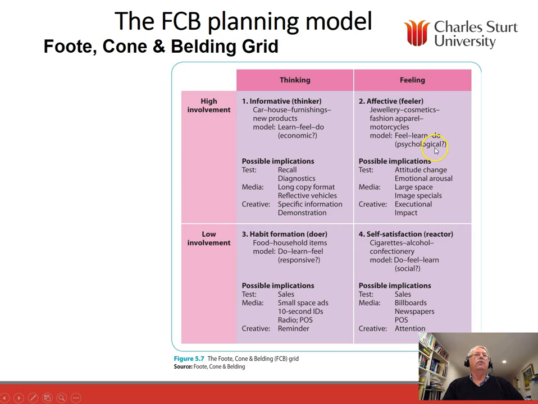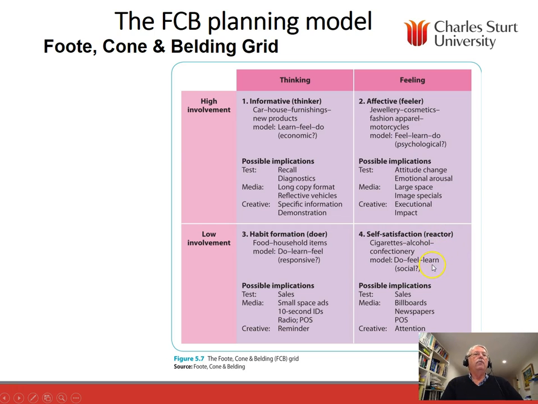So this is a psychological approach. On the other model, which is the informative thinker kind of, it's an economic approach. Some of the implications we're looking at are to test for attitude changes, emotional arousal, and here we're talking about large space advertisements, image specials, having executional impact.